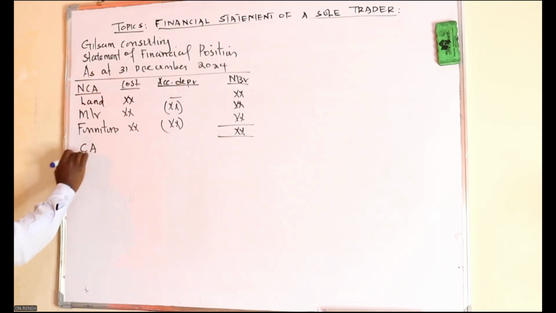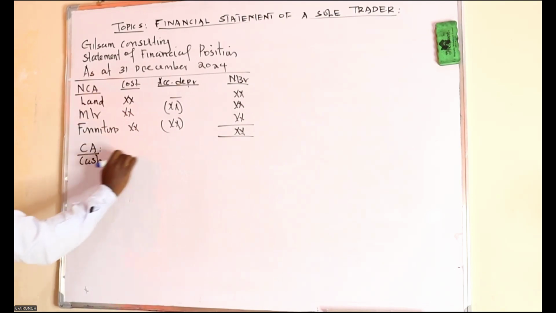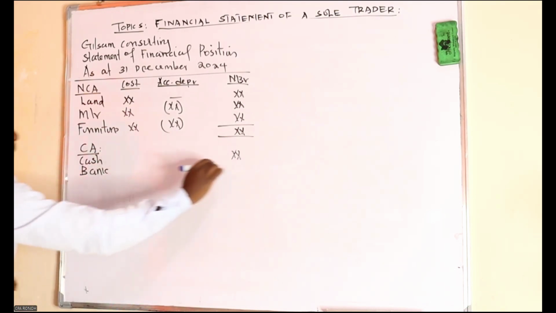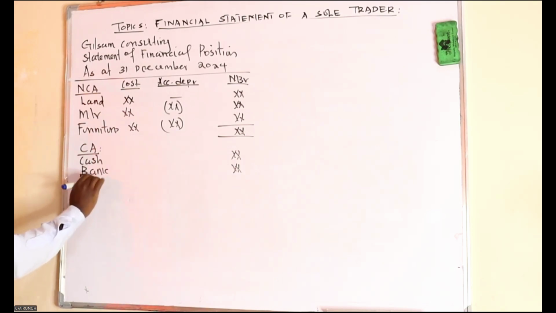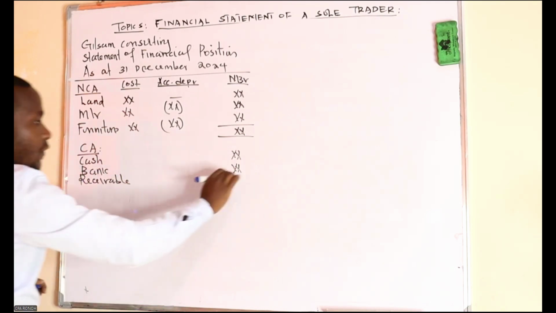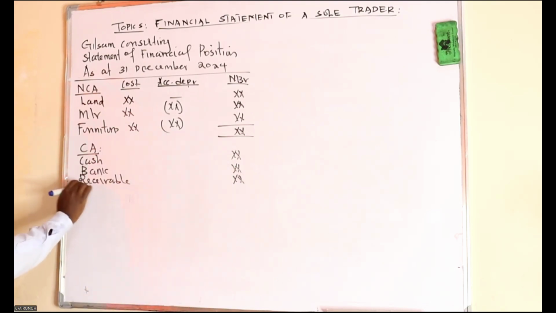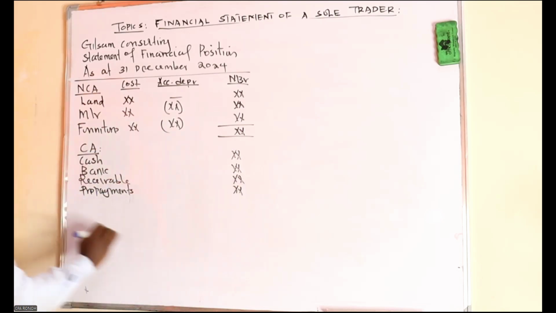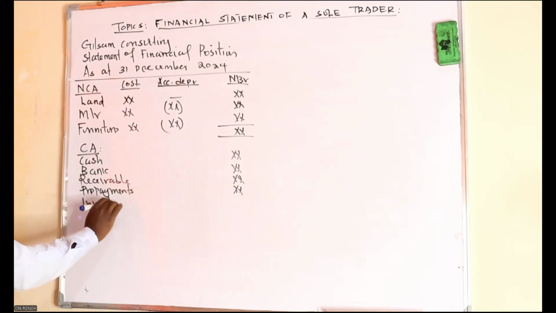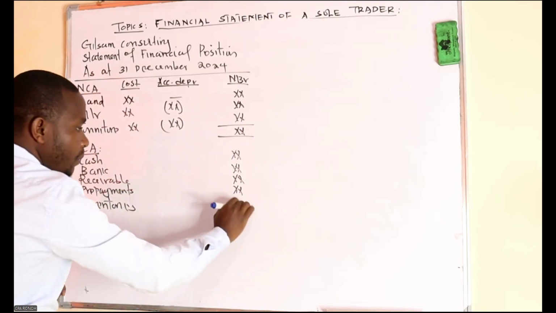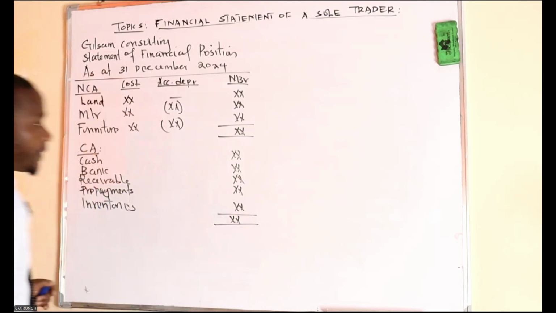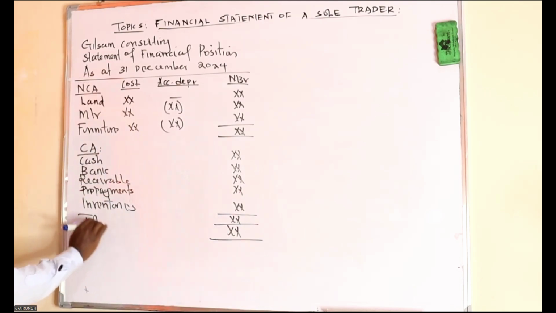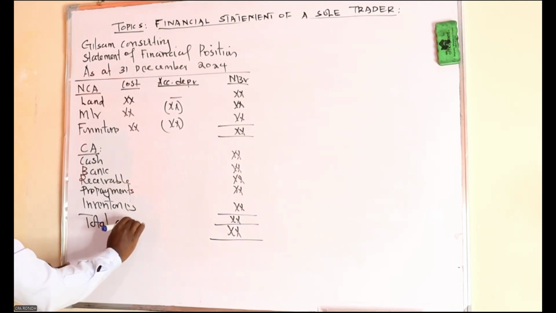Current assets, we call it CA: cash, bank, receivables. And also you need to know how to do adjustment of receivables, prepayment, inventories. You get the total current assets. Thereafter, we have total assets.